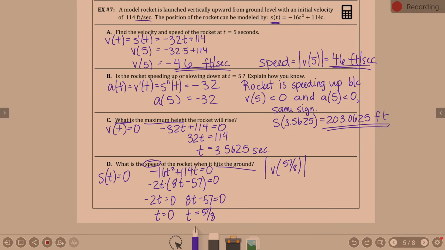So I'm going to plug 57/8 into the velocity equation: negative 32 times 57/8 plus 114. Realize, don't take the absolute value until the very end, yes? Absolute value does not make anything positive other than the final answer.